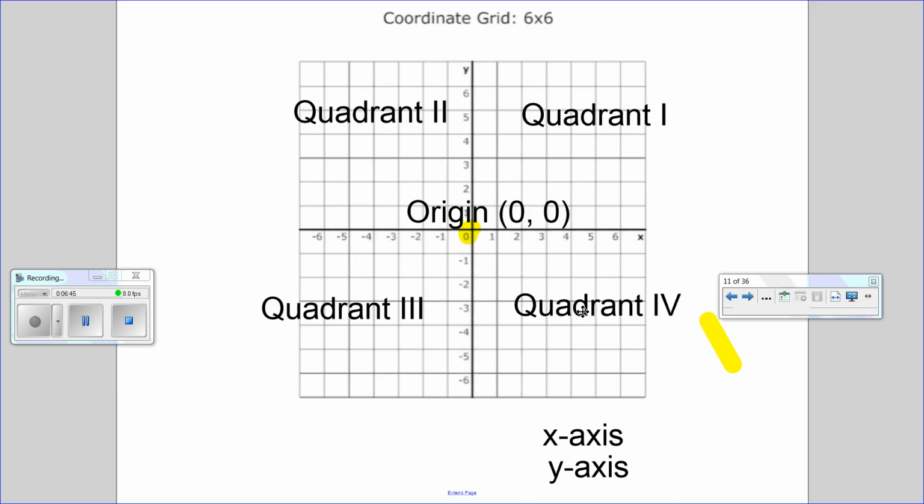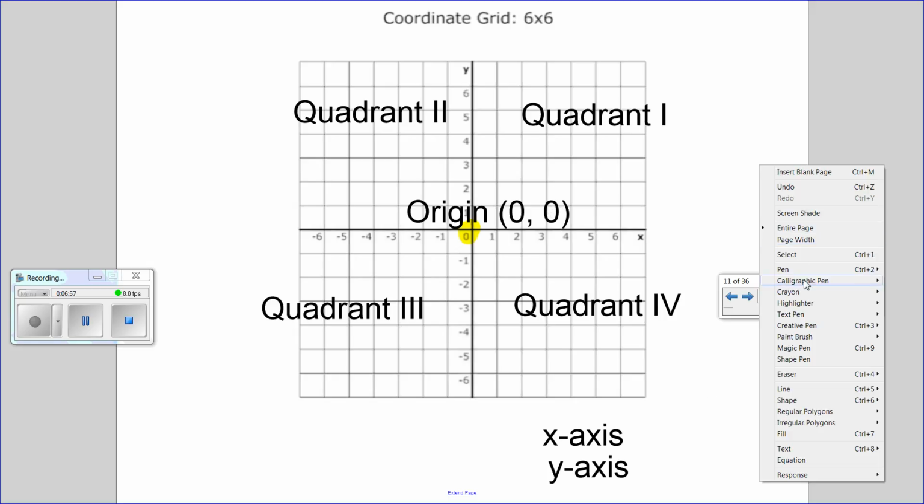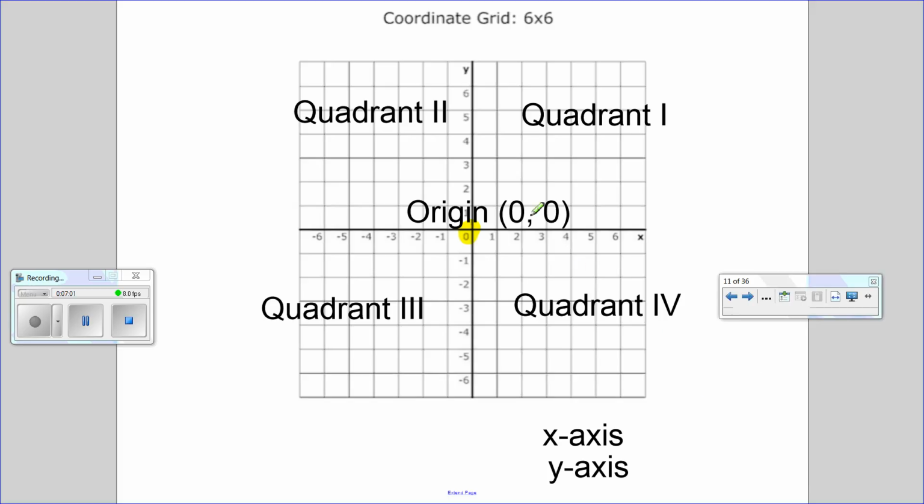I'll be honest, I myself have a hard time memorizing which quadrant goes to which one. It is very important that you understand which quadrant is which. The way I memorize it, let me use my highlighter, is to think of the word coordinate, C. To make a C for coordinate, I start at quadrant 1, then I go to quadrant 2, then quadrant 3, then quadrant 4.